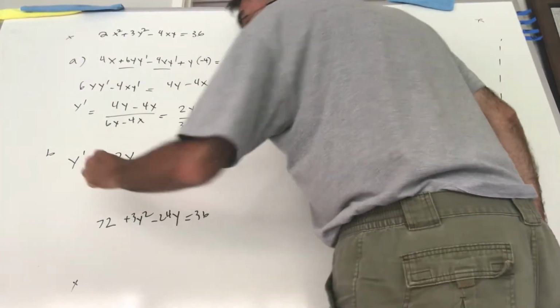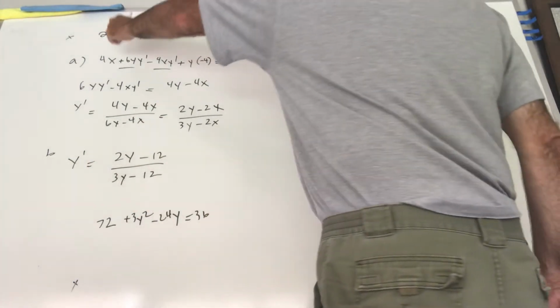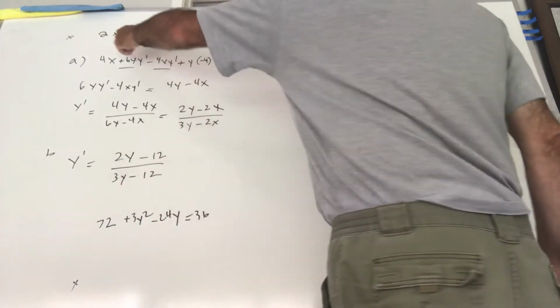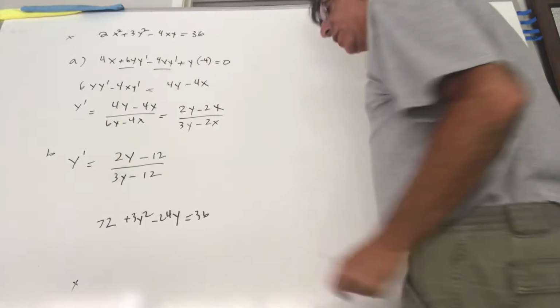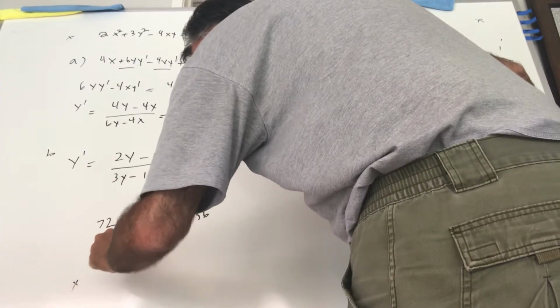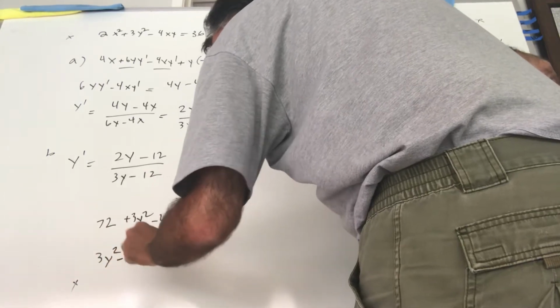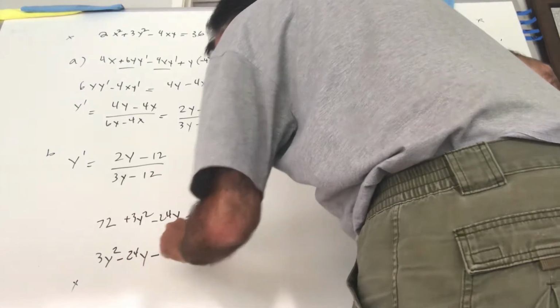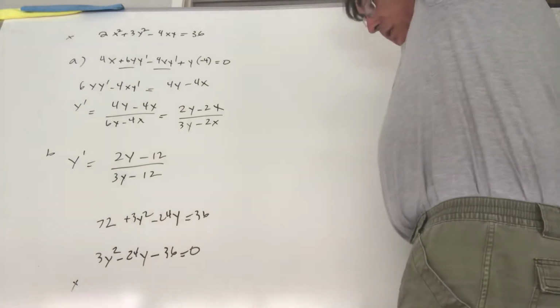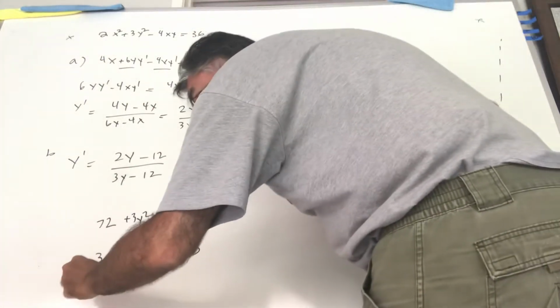But what you want to realize here is that I know that x is 6, so I put 6 into here, and then the question is, what would y be? So I get 3y squared minus 24y minus 36 equals 0. I've got 72 minus 36, and I move that 36 over. Divide by 3.